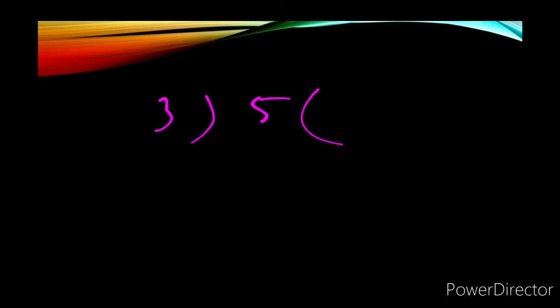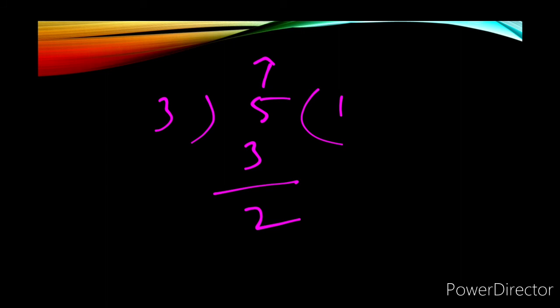If I take the number 5 divided by 3, how many 3 in 5? 3 ones are 3, remainder 2. So, we get remainder 2. So, which number can be added to the dividend to get completely divided?